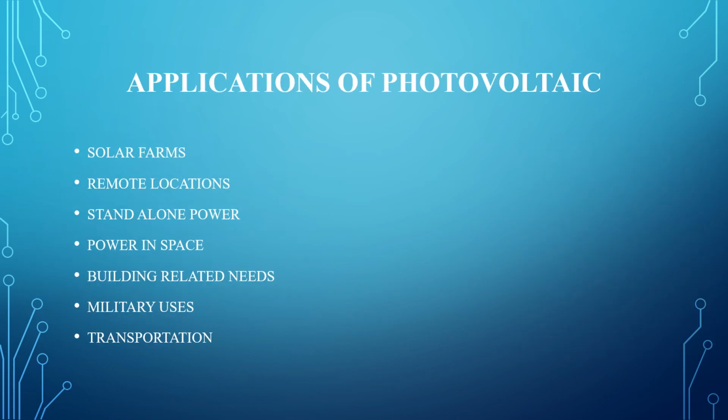And then moving to the application part, the photovoltaic system consists of many applications. The few major applications include solar farms, remote locations, standalone power, power in space, building related needs, military uses, and transportation.